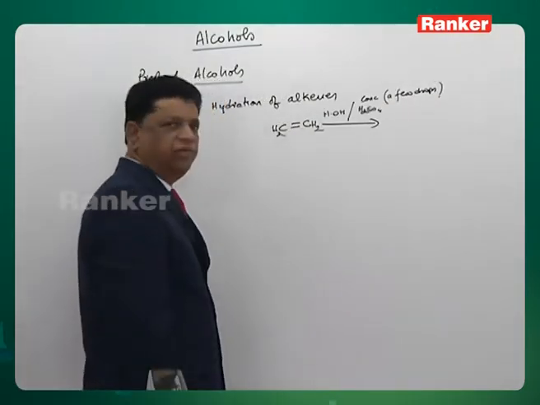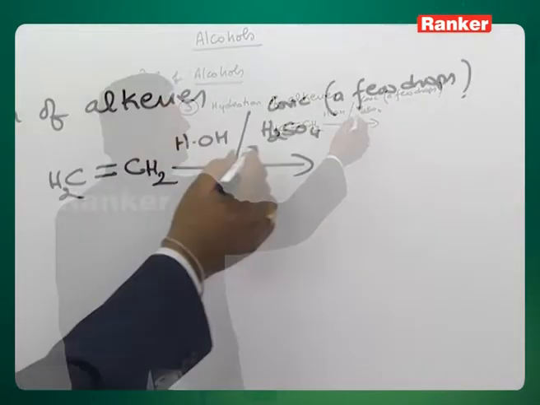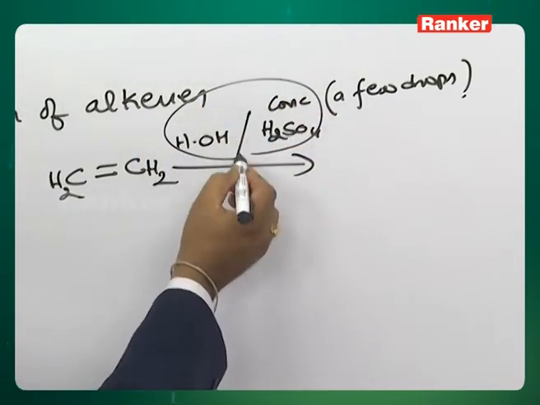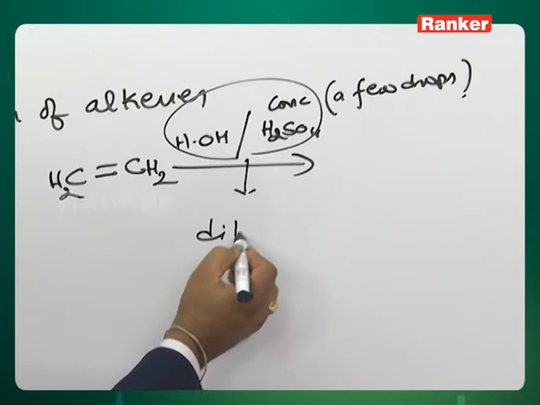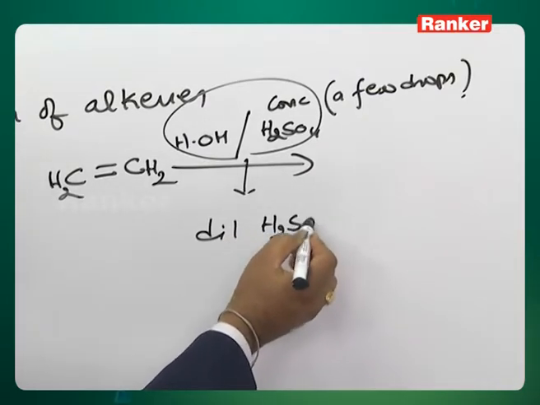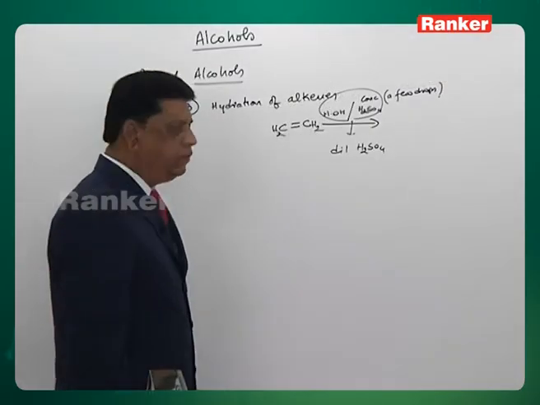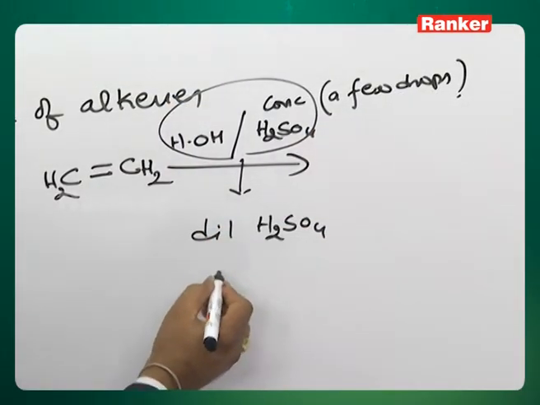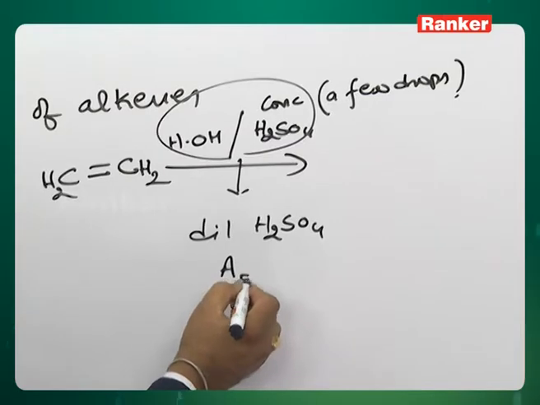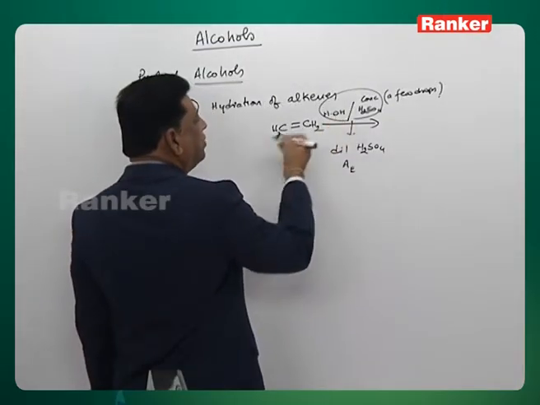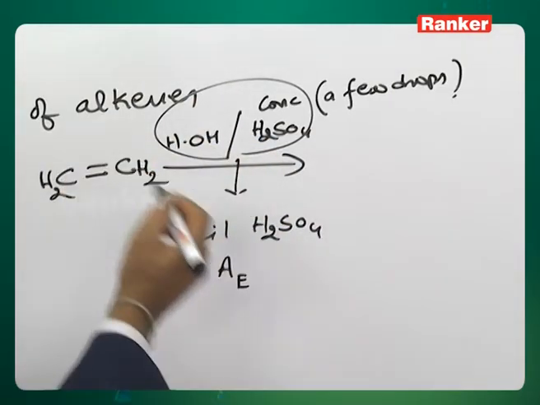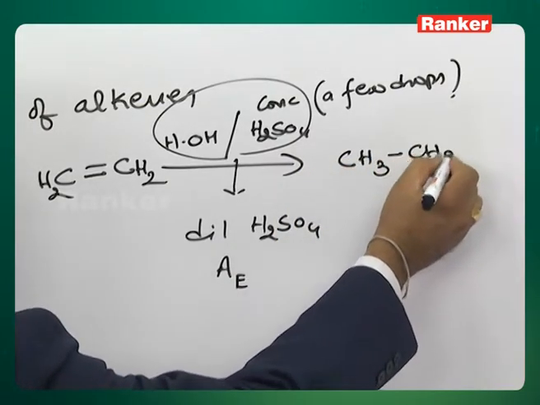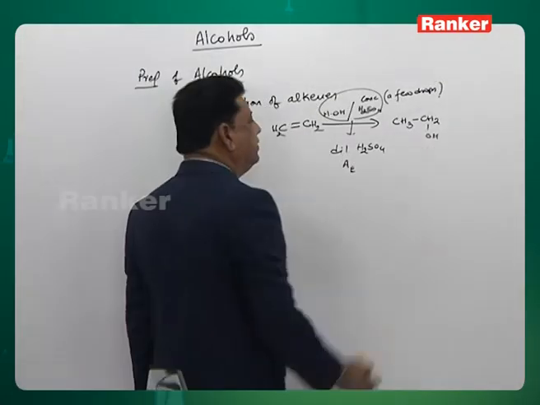Concentrated sulfuric acid plus water is nothing but dilute sulfuric acid, at room temperature itself; it is not necessary to heat. The HOH adds by an electrophilic addition reaction, with the proton from sulfuric acid as the electrophile. This is the mechanism, but finally ethyl alcohol comes.